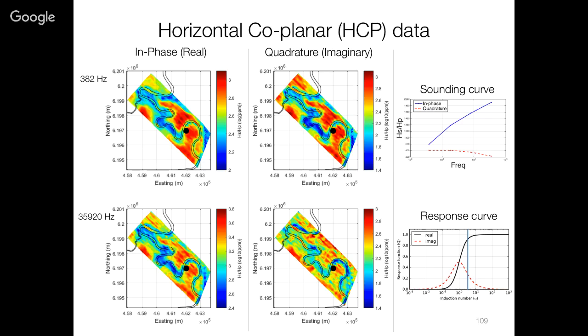So what we have plotted on here is that ratio of the secondary to the primary field. And when we were working with the 3-coil system, we ended up with this as a response curve that kind of told us how things got partitioned between the real and the imaginary part.